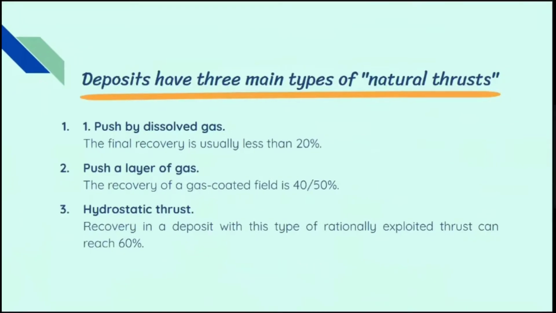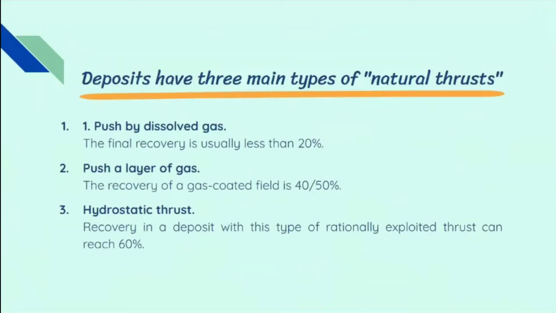Second, we have the push of a gas cap. The gas accumulated over the oil and immediately under the roof of the reservoir generates a push on the oil towards the well, and recovery of the oil content is 40 to 50%.